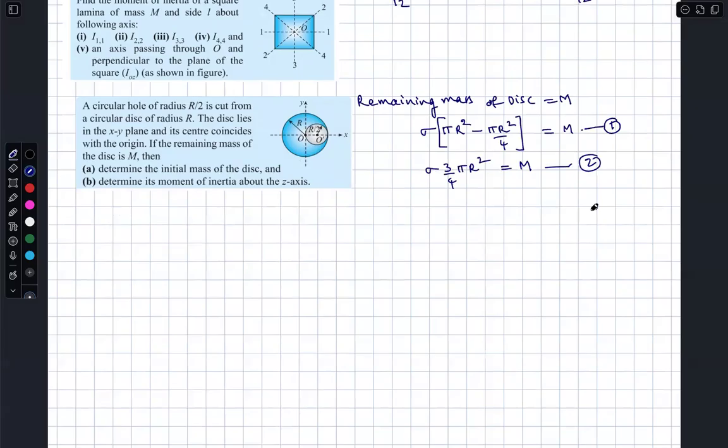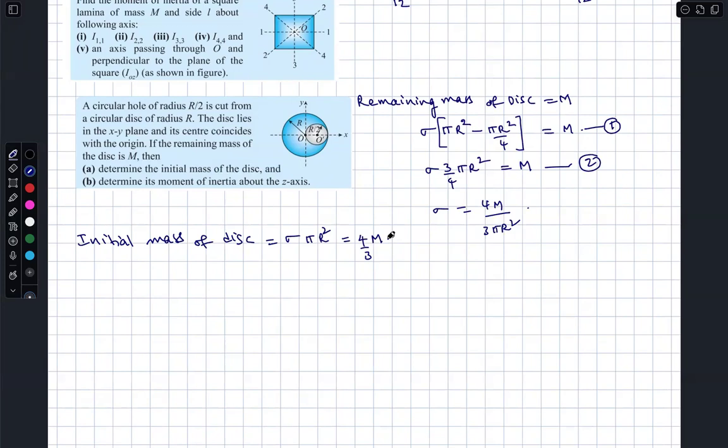So what is the initial mass of the disk? I now know sigma, it is nothing but 4M by 3 pi r square. Initial mass of disk is equal to sigma pi r square, which is nothing but 4 by 3 times capital M.